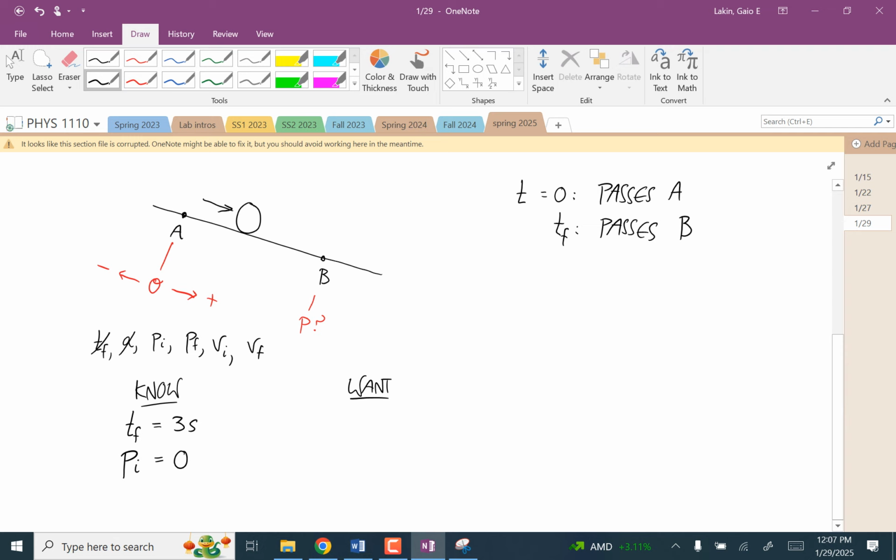Anytime your position equals 0 is at the object's location at time equals 0, that is setting your initial position to 0. So anytime you just say, I'm going to call my position equals 0 where the object is when I click the stopwatch on, that's setting this P initial to 0. We're trying to find P final.